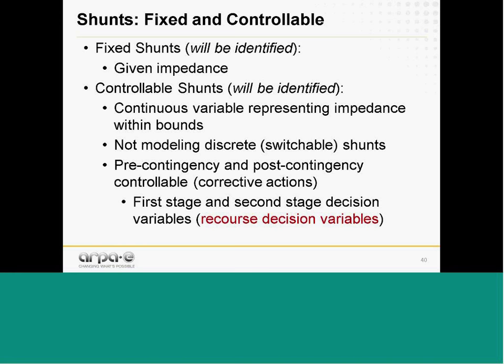And then there are controllable shunts, where we're relaxing that shunt more into an SVC, where there's a continuous controllable impedance of that shunt instead of having switchable shunts, which would then be a discrete mixed integer programming formulation. Okay? And then you have the capability to control in the pre and post contingency states the settings of those shunts.